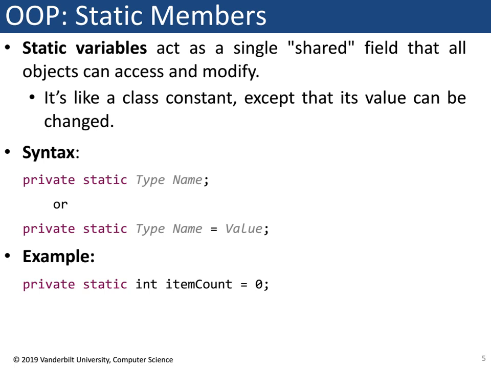An example of this would be private static int itemCount, where itemCount is the name of the static field, and we're initializing it to 0. Notice that it's set to private, so we could not access it outside of the particular class that it's declared in. However, each of the individual objects of that type would be able to access and read this field.